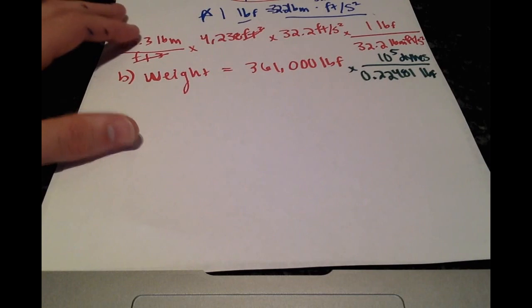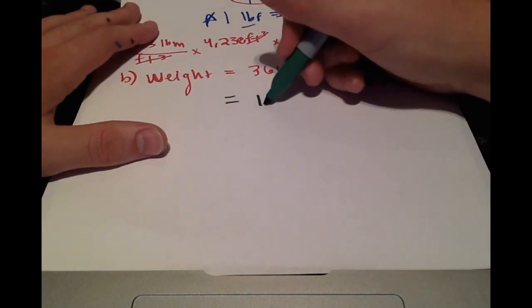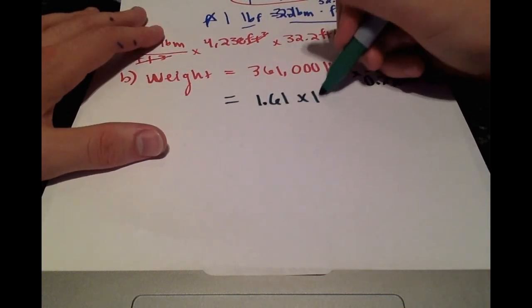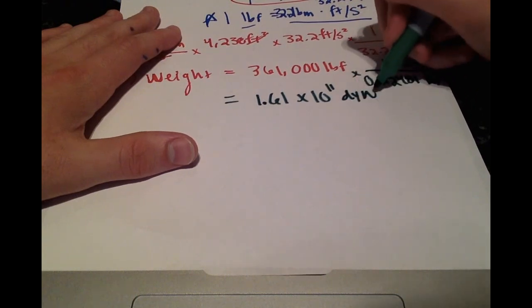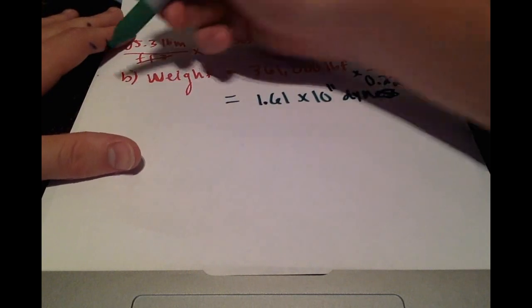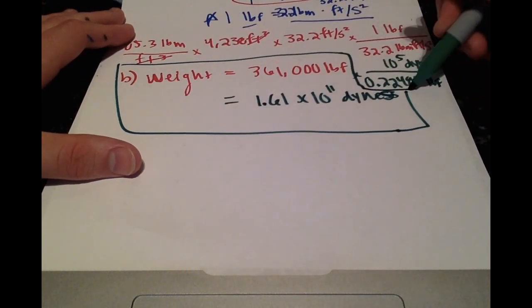And doing that, we get the weight in dynes is equal to 1.61 times 10 to the 11th dynes. Okay, and let's box that, make it look a little clean.